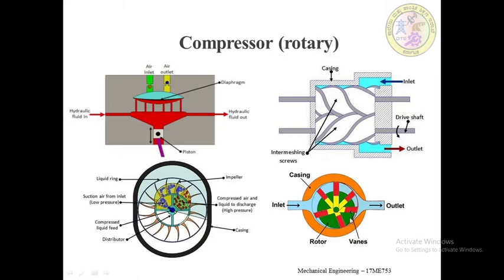Here the vane rotor has an axis eccentricity, so that when the air is inletted, the volume decreases from increased, means you can observe this space: volume is very small here, volume is very large here. Through this action, the volume gets compressed. Because you can see this outlet of the device, here the volume is higher at the start and very low at the end.